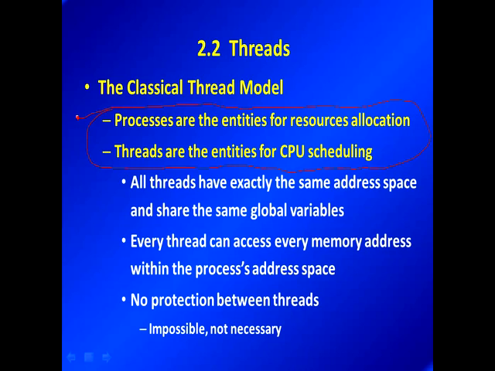So it means the operating system allocates the memory and the address space to a process, but not a thread. It means the operating system allocates any I/O device or access to a file to a process, but not a thread. And also you need to know threads are the entities for CPU scheduling.